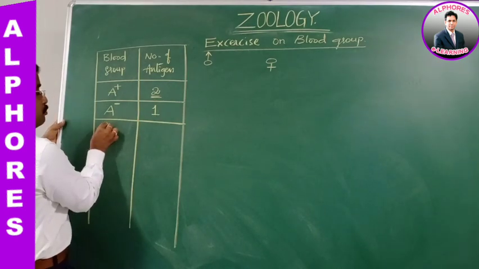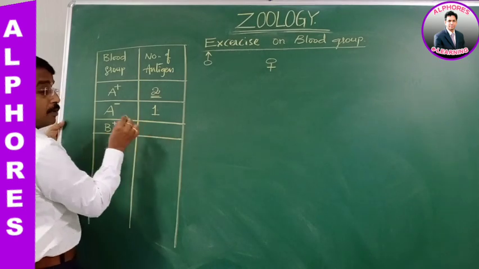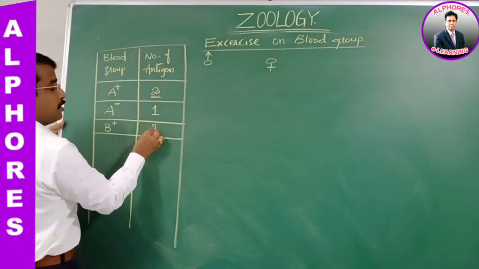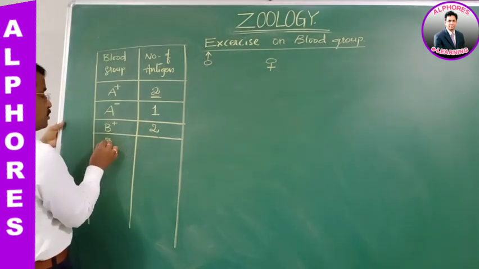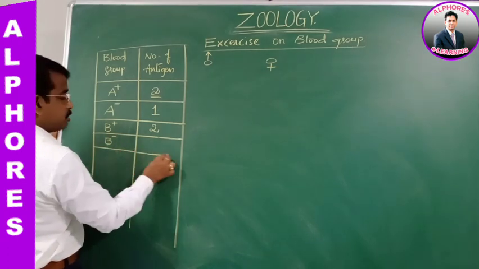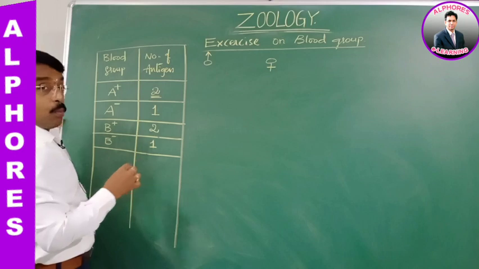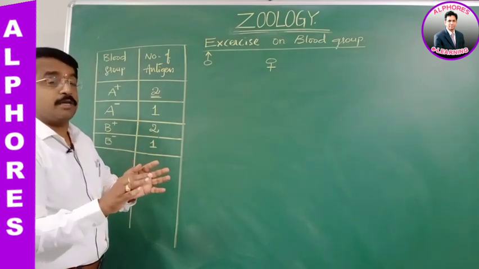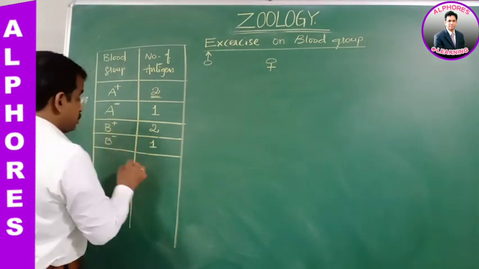Next, B positive, with B antigens and RH antigens. So the number of antigens is 2. Next, B negative, the number of antigens is 1. Is it right? Why? B negative in the sense they are with B antigen on the RBC, but no RH antigens.